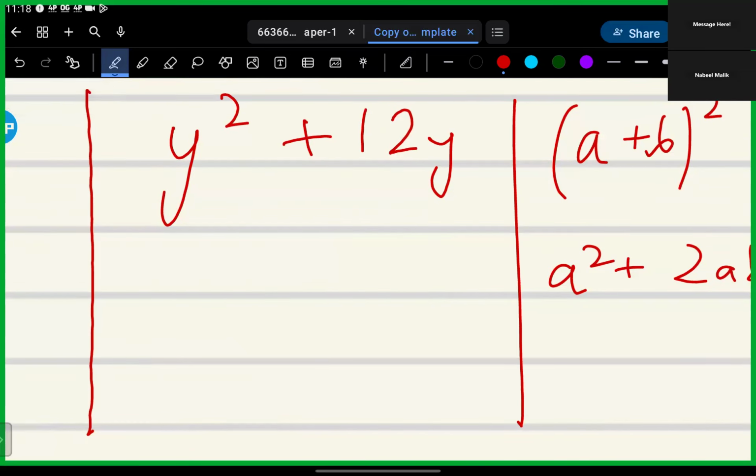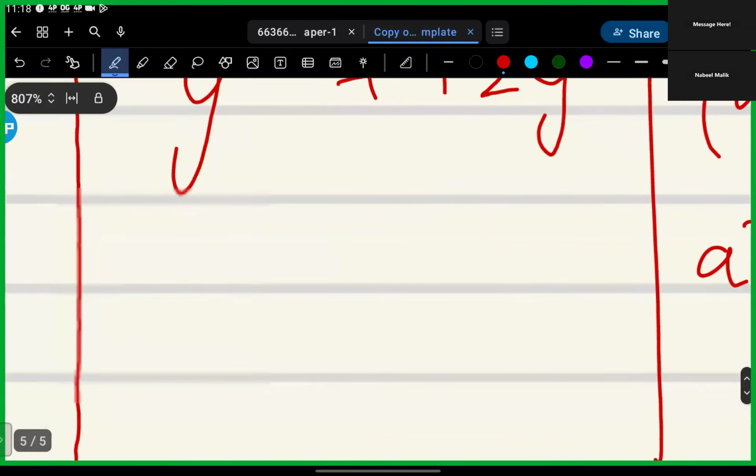Over here you have to understand that y square plus 12y. Let me make the screen appear again.